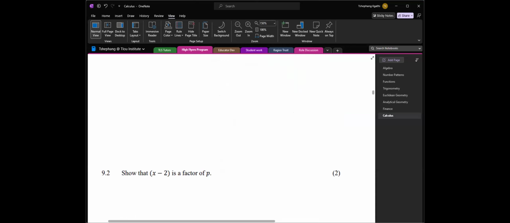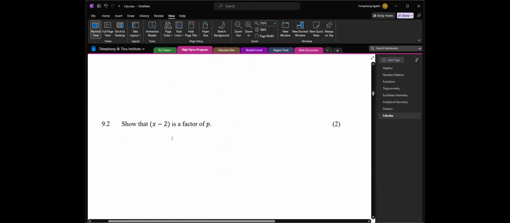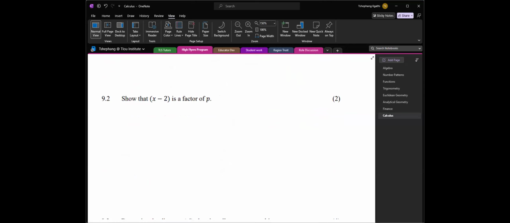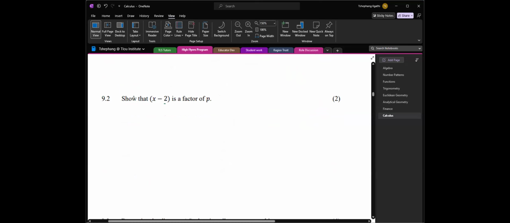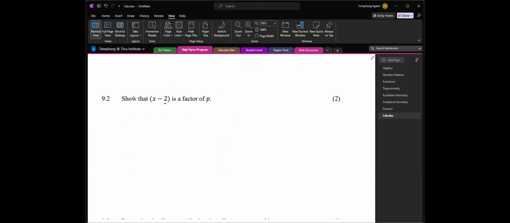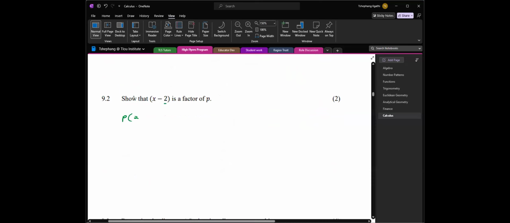Now, show that x minus 2 is a factor of P. How do we show that it's a factor? All we need to do is take the 2 and substitute it back. So we need to find P of positive 2. Okay, so x minus 2 is a factor.